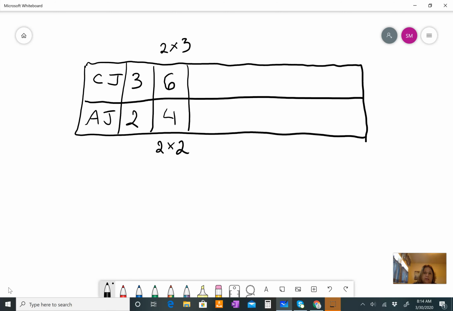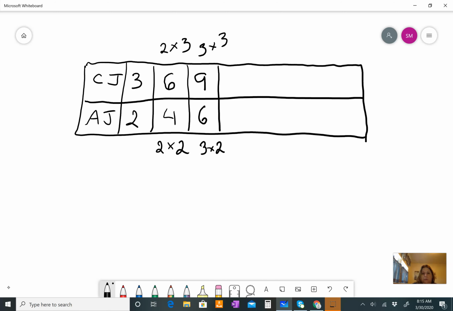For the next set, I'm going to have 9 to 6, because my next one is, I'm tripling it. It's my third set. So 3 times my original 3. And again, I'm tripling it here, so it's going to be 3 times my original 2.